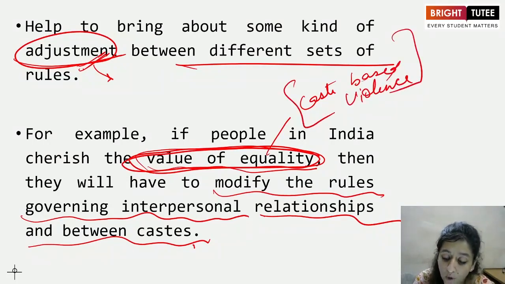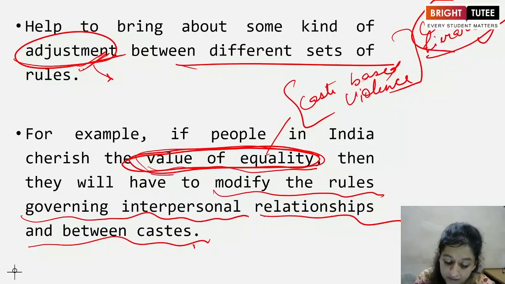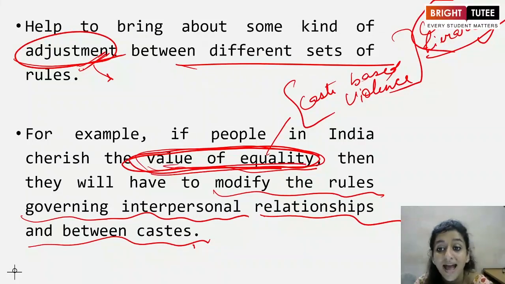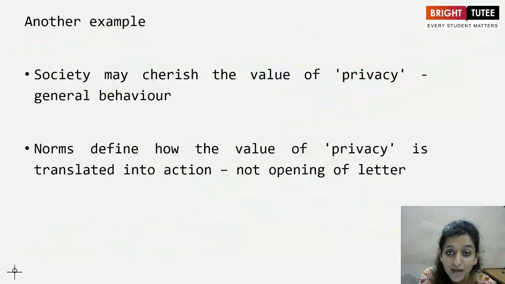There is no place for caste hierarchy. And if you come from this value of equality as a society, you will definitely take action to modify the rules governing the interpersonal relationships between the caste groups as well, which has been done in our country a lot of times, and our constitution is a witness to that.